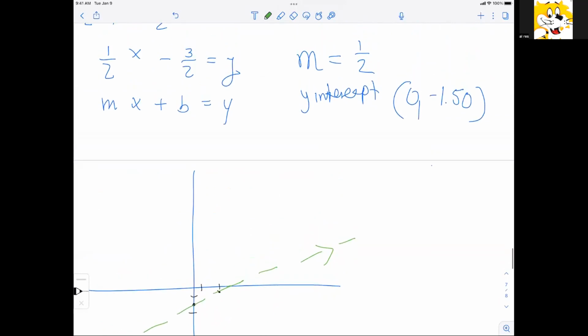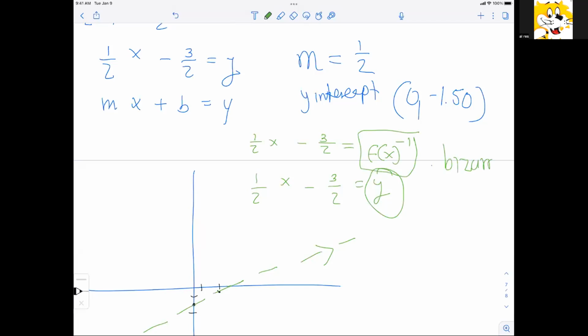This linear equation here, 1/2 x minus 3 over 2 is equal to y, is your inverse. And in order for us to rewrite it as the inverse, we put a -1 here. So this is 1/2 x minus 3 over 2. This is my bizarro.